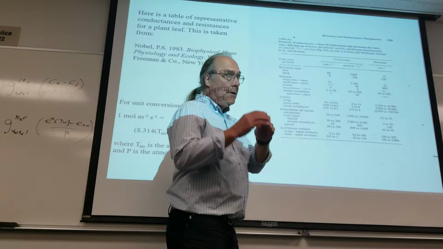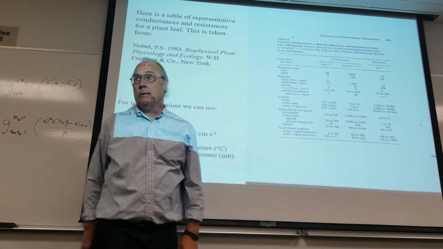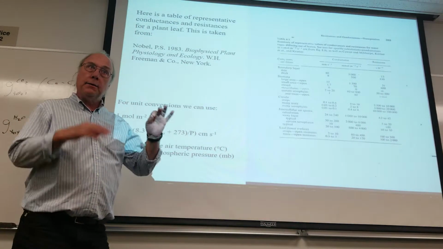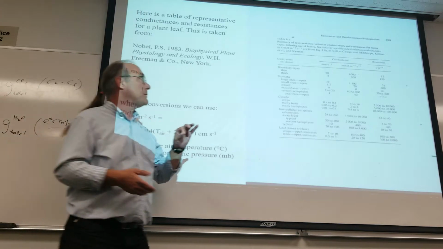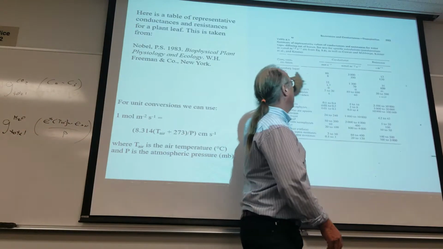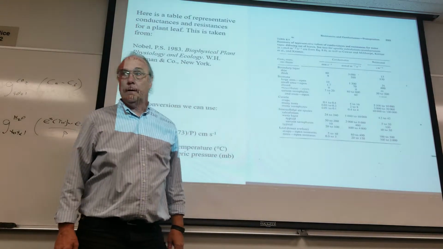A thick boundary layer has 0.3 moles per square meter per second. And I already told you that stomatal conductances are on the order of 1 mole per square meter per second. And so you can see that the boundary layer is a similar order of magnitude, and so it can't be ignored.